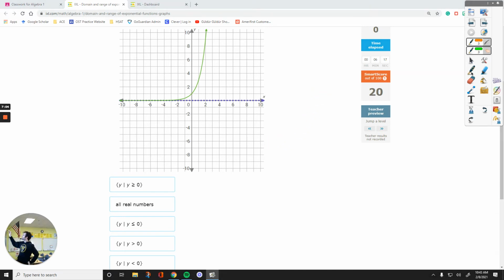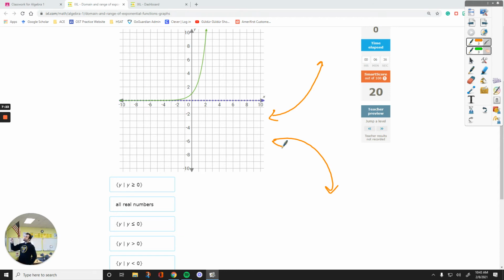These sort of movements are exponentials, or like this, or let's see. Yeah, these are exponential graphs. Let's see. We are talking about the range.